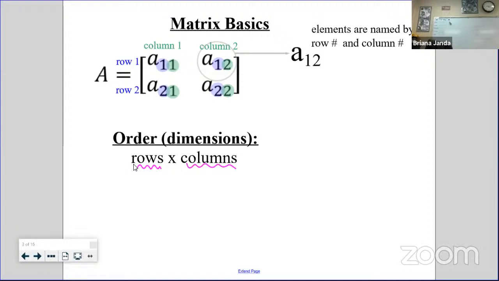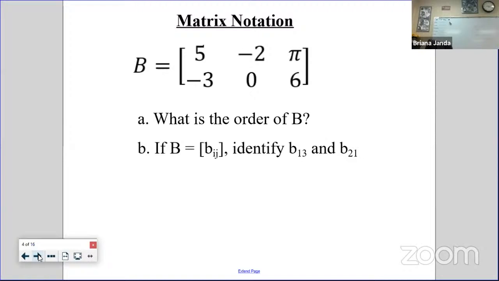You won't see those very often, but if you ever do run into that again, you'll know what that means. So identifying the order again goes rows by columns. Rows is our number in this direction. We have 1, 2 of them. Columns is this direction. We have 1, 2, 3 of these.